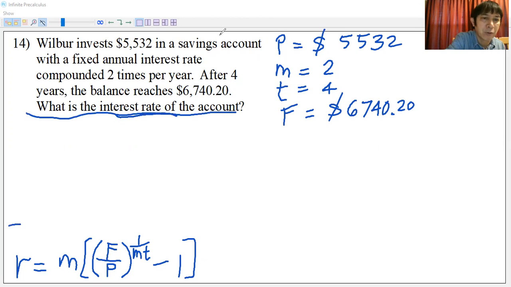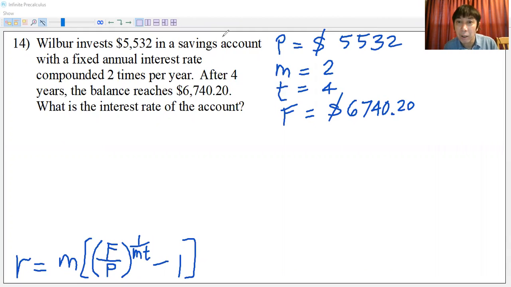We have the formula over here. We have M, we have F and P, we have the T, and therefore we can use this formula. All the numbers that we need at the right side are present.